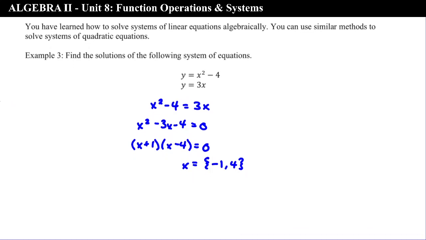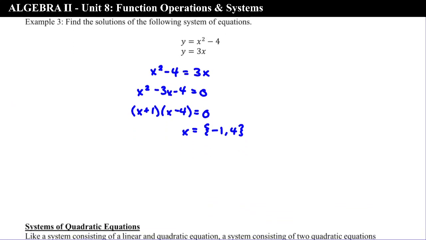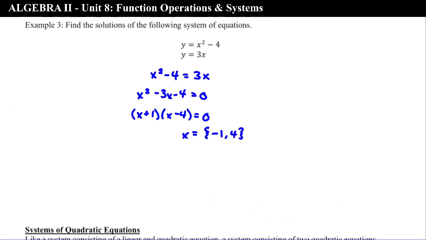Now that we have our two values for x, we're going to break it up and substitute each of these into one of the two equations. And we'll go with the linear one because that one's the easier one to work with. So we need to find what y is, so we'll plug in negative 1 for x, and we'll plug in 4 for x.